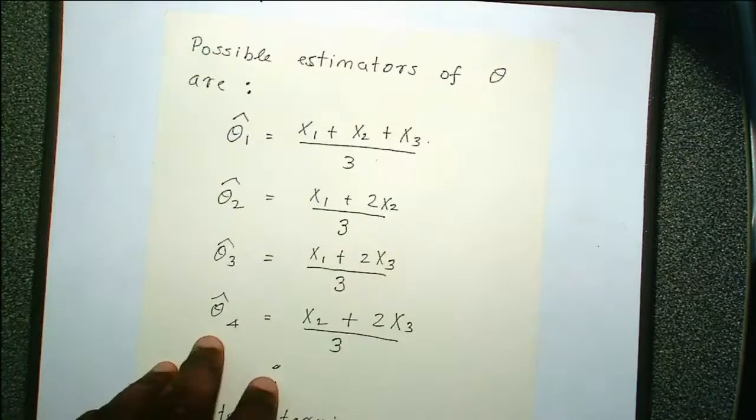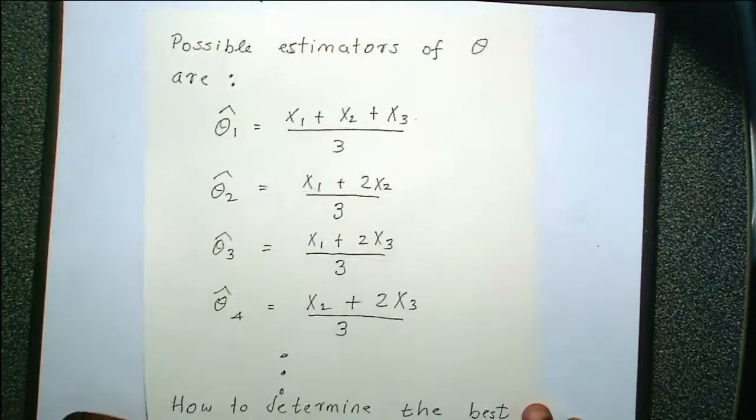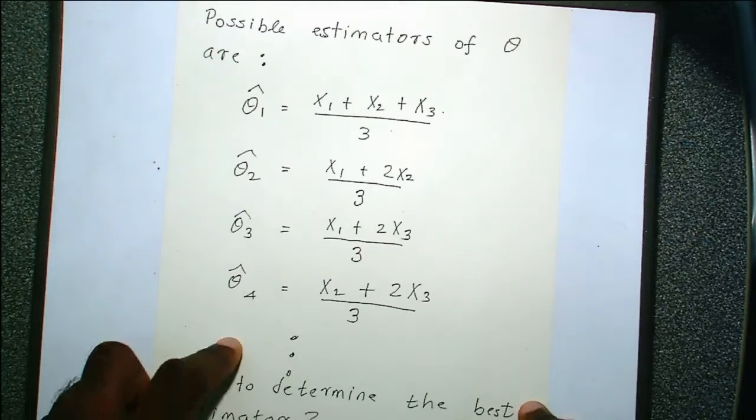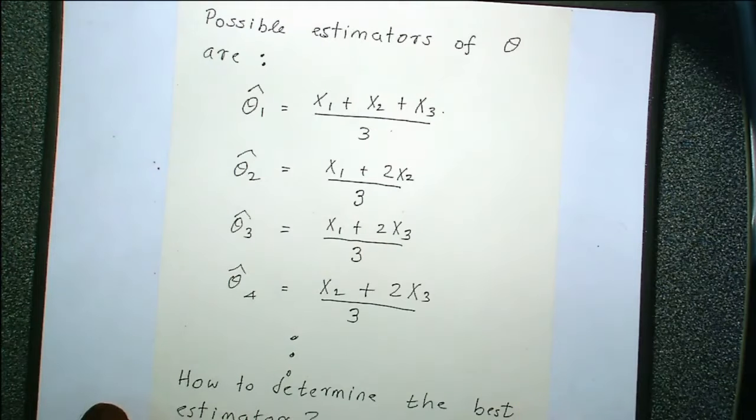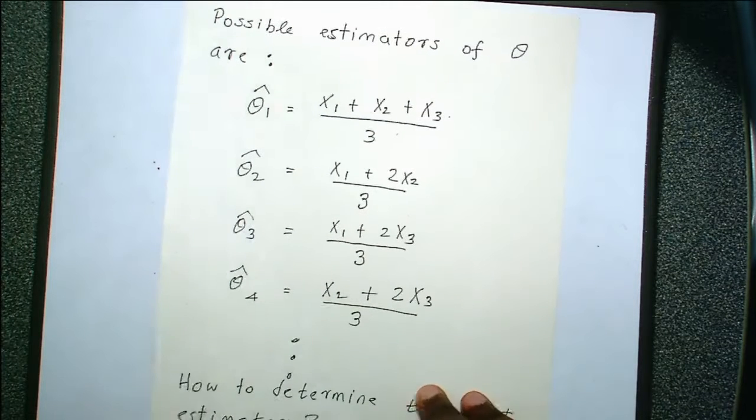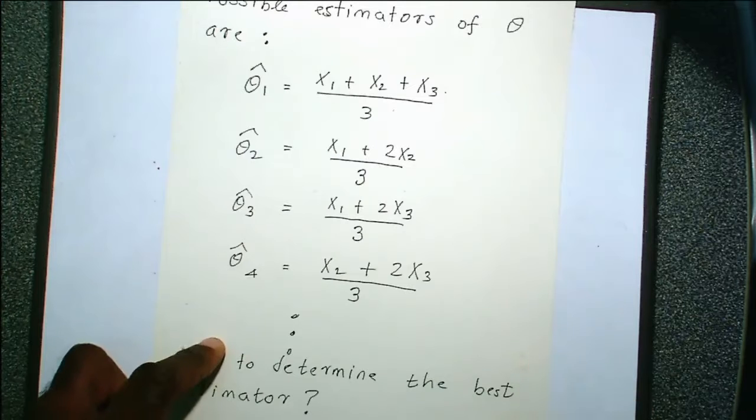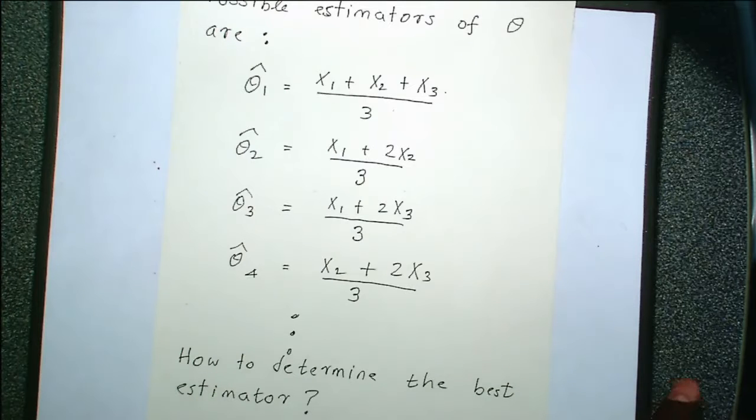Then the possible estimators for theta could be any of these and more, right? And the question arises, how do you choose the best estimator? If you have all these different possible estimators, how would you know which estimator is good and which is not good, right?